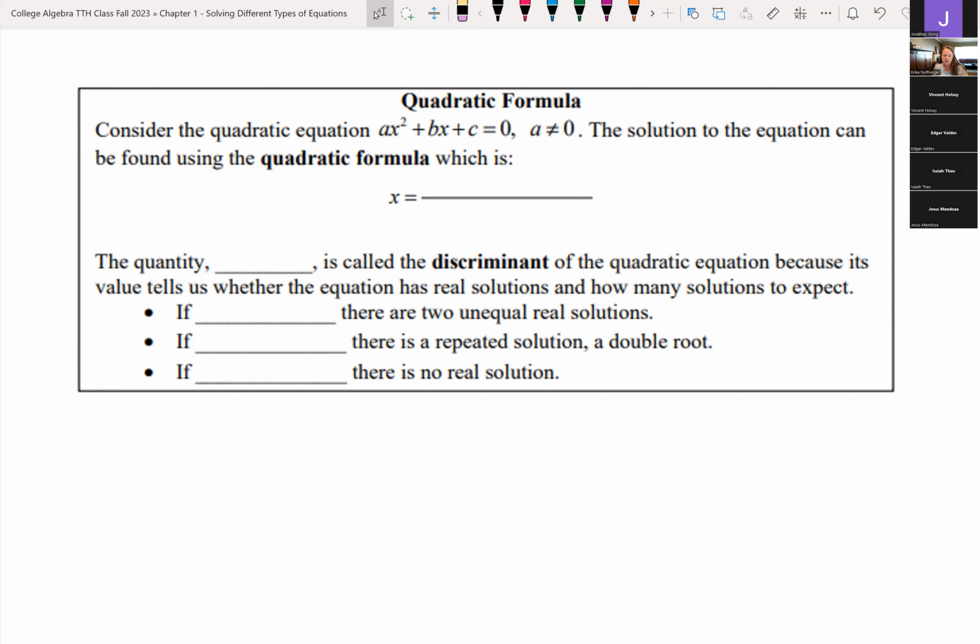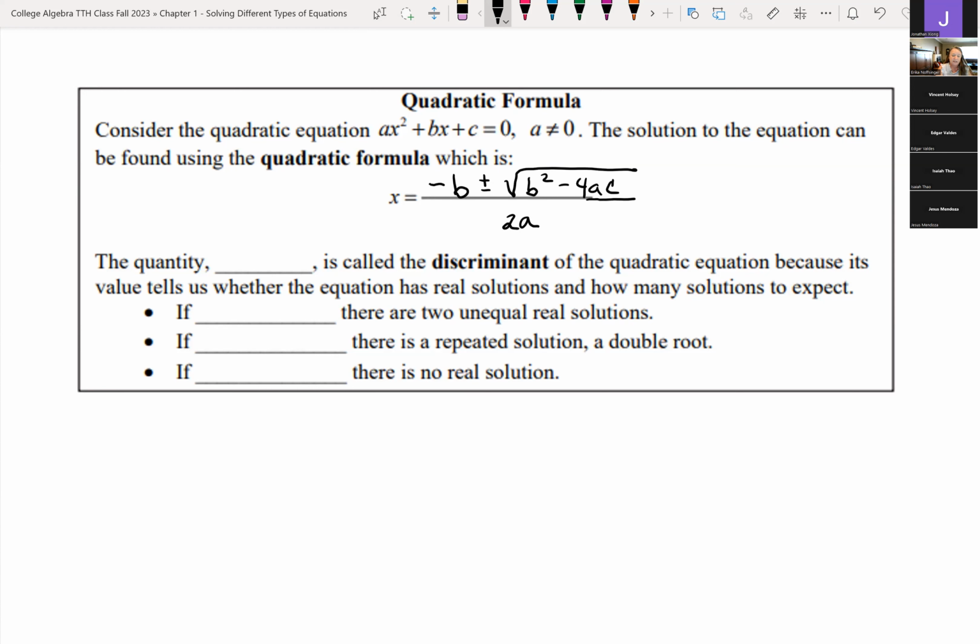The solution to the equation can be found by using the quadratic formula, which is x is equal to negative b plus or minus the square root of b squared minus 4ac, and this is all over 2a.